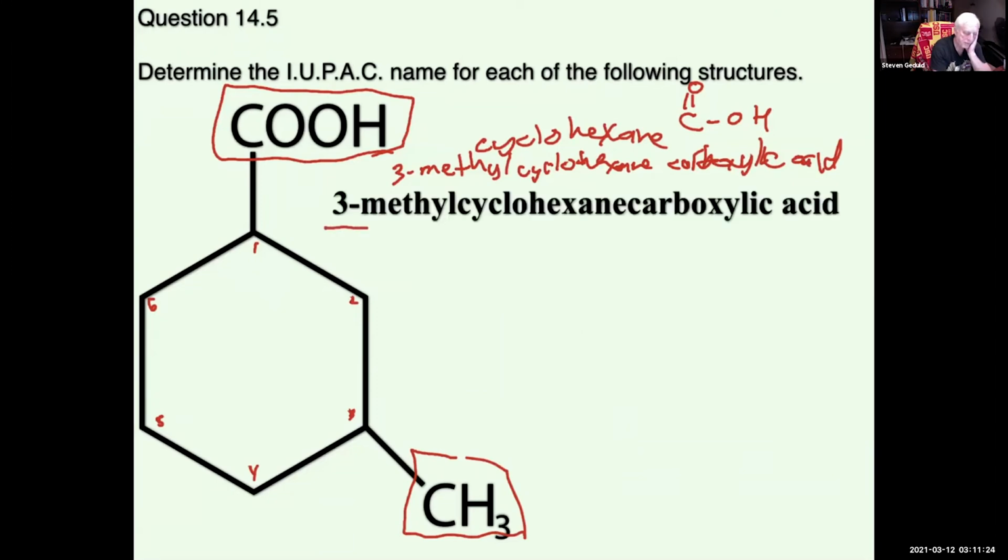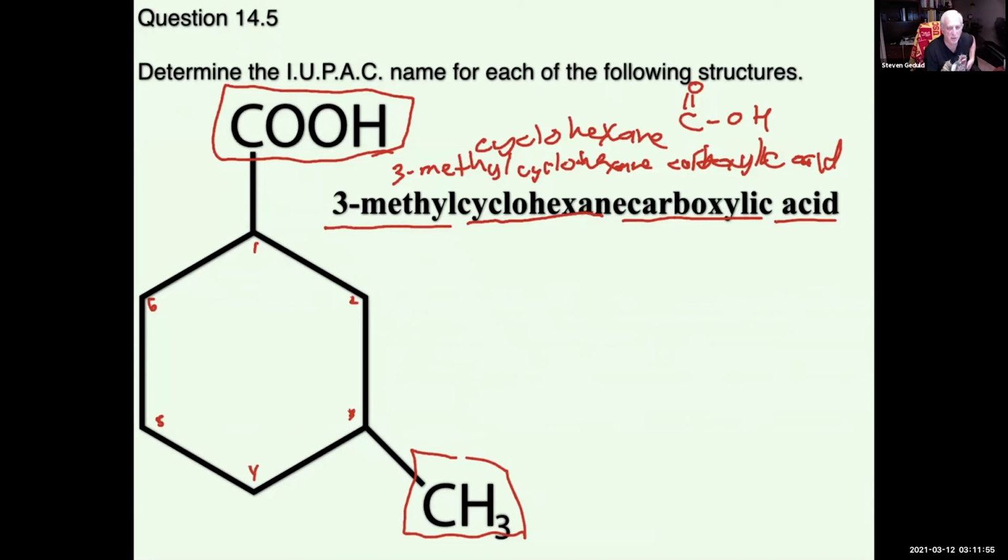So 3-methyl cyclohexane carboxylic acid. Again, you never have to put the number where the carboxylic acid is because it's always going to be the number 1 position on the chain by definition. So 3-methyl cyclohexane carboxylic acid. You're naming the 3 components there.